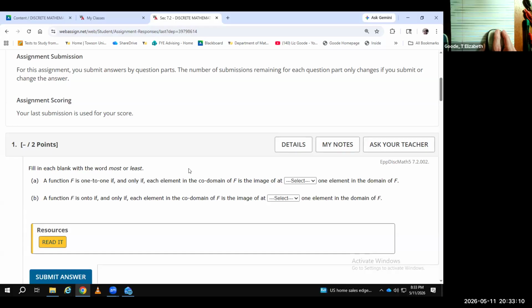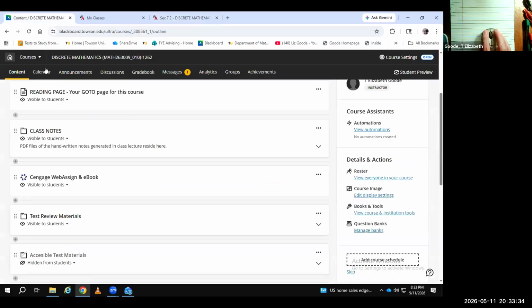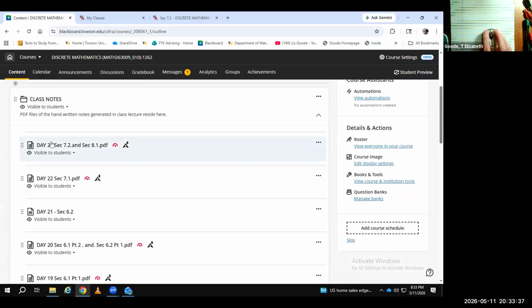Yeah. Great. So this first one is about a function being one-to-one. Do you remember in your own mind what one-to-one means in terms of arrows? If we draw the arrow diagram, shall we go back and review the class notes together? Let's just look at the class notes. Let's just peek at them.